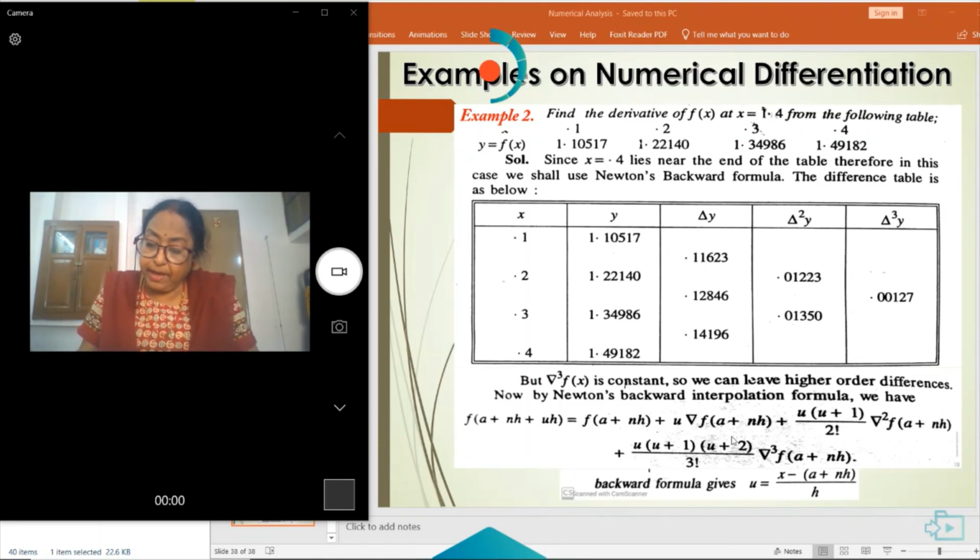So you prepare a difference table and, using the backward formula that is written, substitute the values into the formula, and we can get the value of f dash x, that is the first derivative, and f double dash x, that is the second derivative.